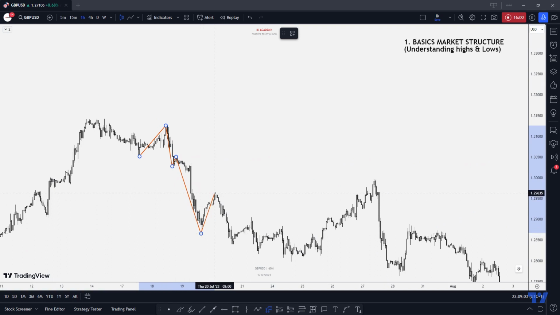It does not have to be very visible. Just pick out any point you can see, and then try to understand whether price trended in a bearish market, a bullish market, or a sideways market at that particular point. This is what I want you to do.